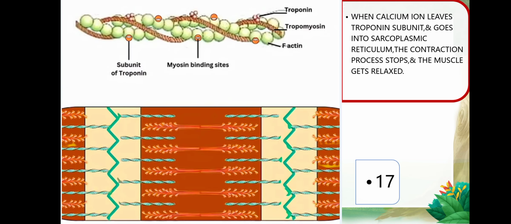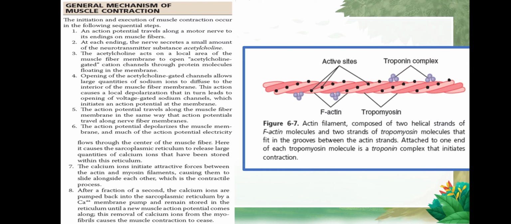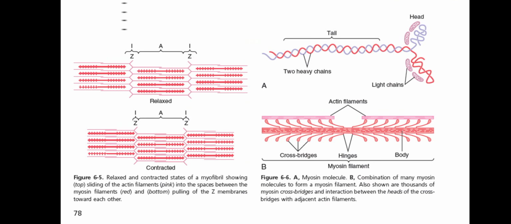Okay, so this was where the troponin is present, isn't it? So the answer is almost clear. The muscle contraction has been summarized again, and you can see the actin molecule is combined with the troponin complex, isn't it?